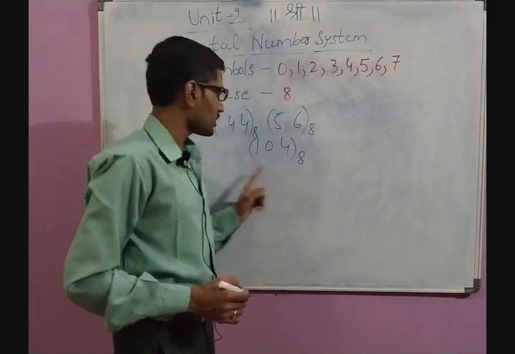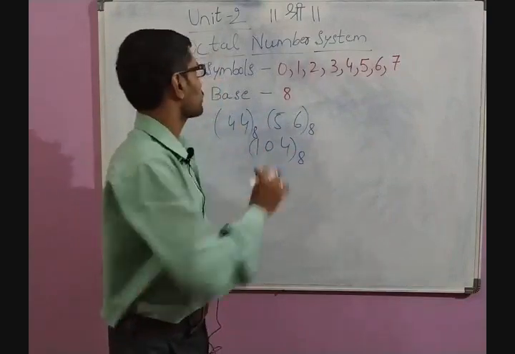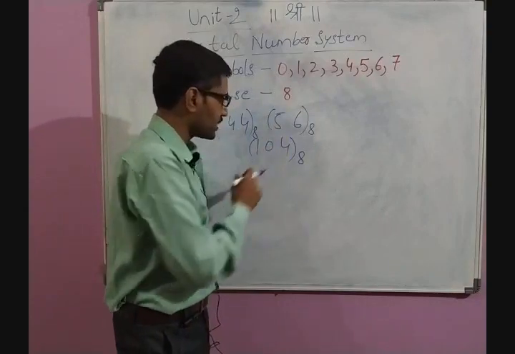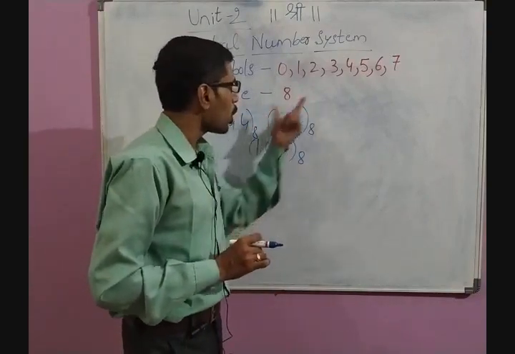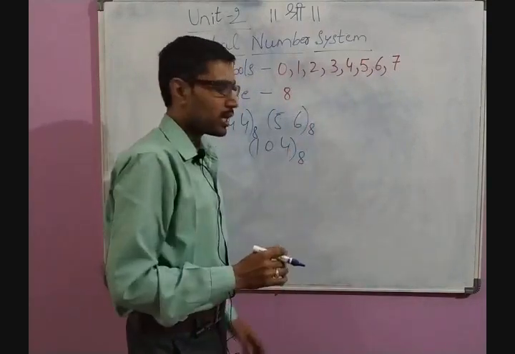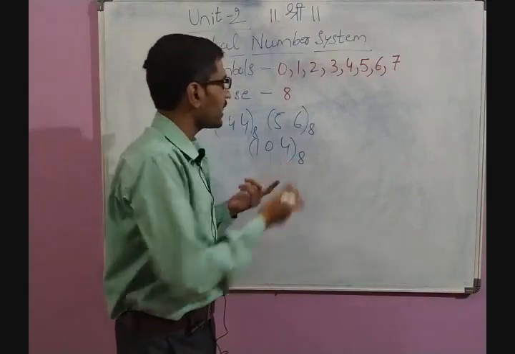All these numbers are valid examples for the octal number system, because I am using digits that all belong to this digit set. There is no digit like 9 or 8.